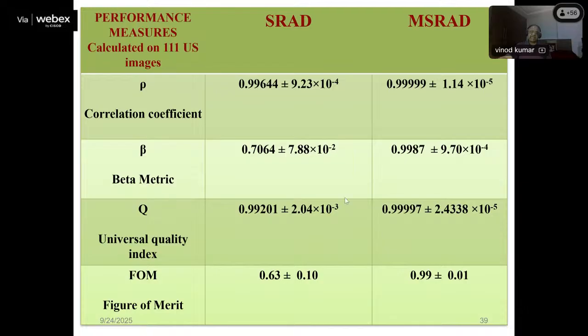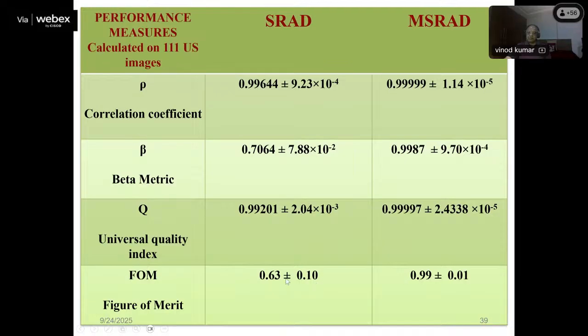That is one thing. Second, there are performance measures in image processing. We have the correlation coefficient, beta matrix, universal quality index, and figure of merit. These four indices we also calculated. When we selected the method that gave the best result, we measured these parameters for the simple speckle reduction filter and for our modified speckle reduction filter.